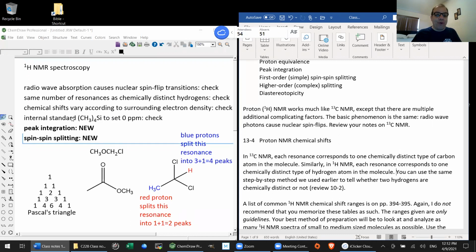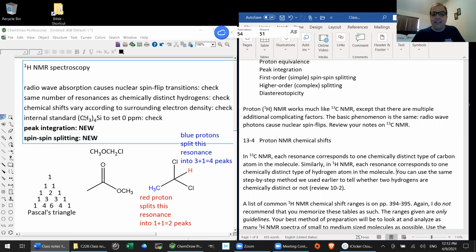And all 4 of those carbon atoms are the same chemically. So we define the chemical shift of tetramethylsilane at 0 parts per million for carbon NMR. And we use the same internal standard for proton NMR, actually, almost always. In this case, all 12 of those hydrogens are chemically equivalent. And so, by definition, we set that at 0 parts per million.